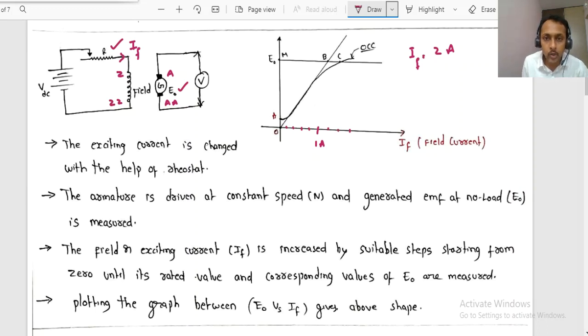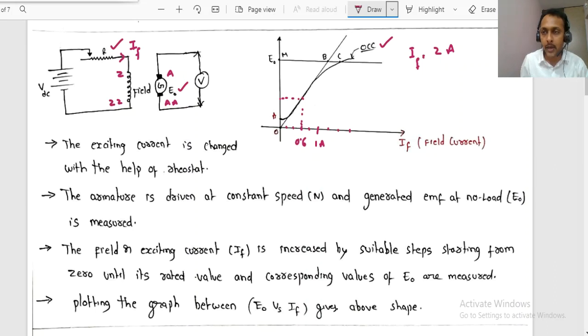At different values of current, for example at 0.6 amps, different amounts of voltage will be induced. If you join all those voltages for different values of field current, you will get a graph shape like this. This is nothing but our OCC, open circuit characteristics.